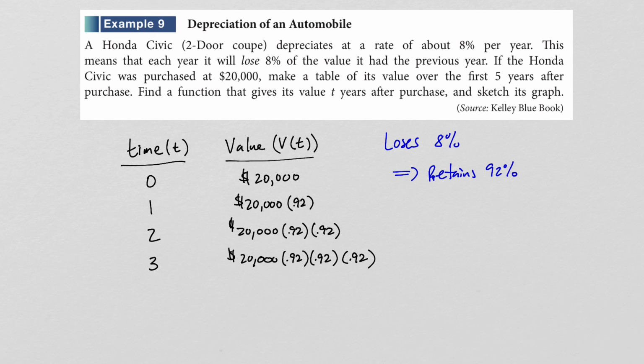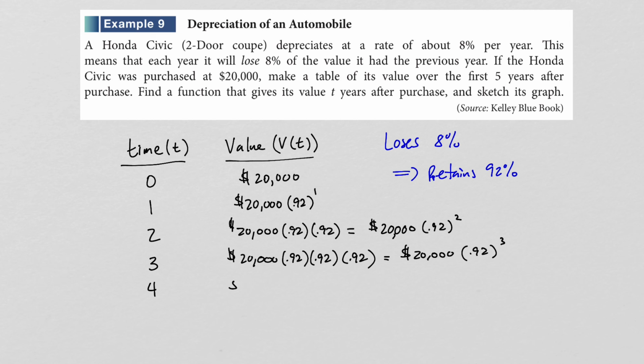So I hope that you see what is happening here. After 1 year, we're multiplying by 0.92 to the 1. After 2 years, we're multiplying the $20,000 by 0.92 to the 2. After 3 years, we're multiplying $20,000 times 0.92 to the 3.